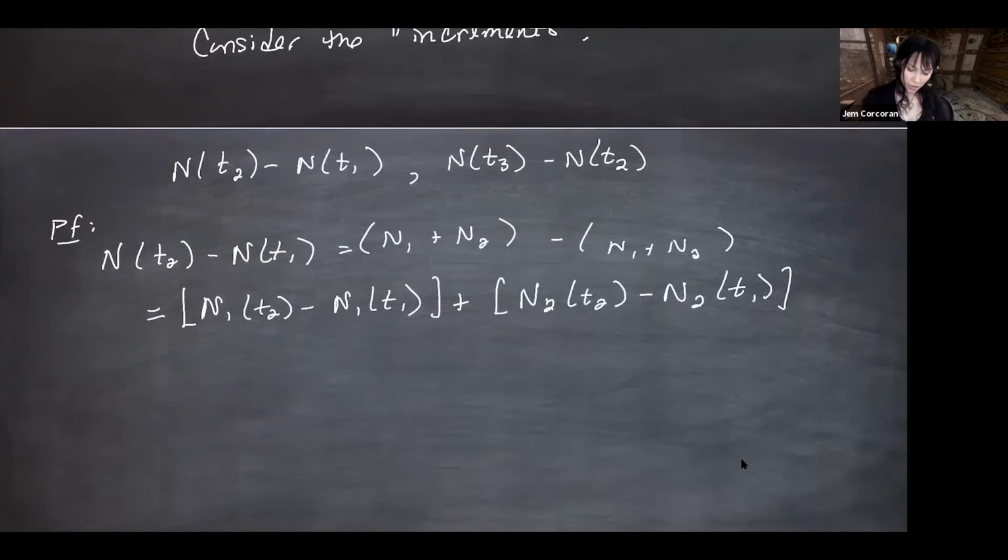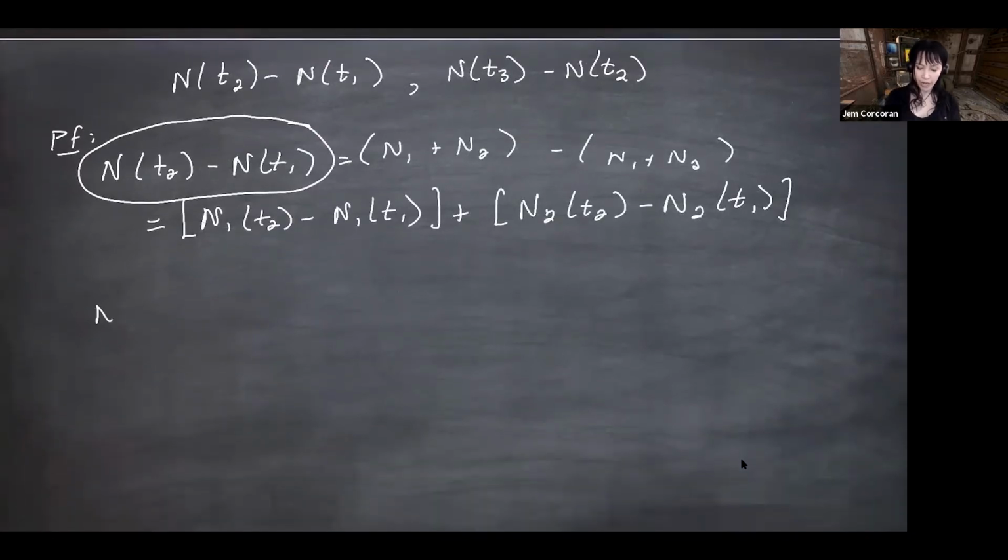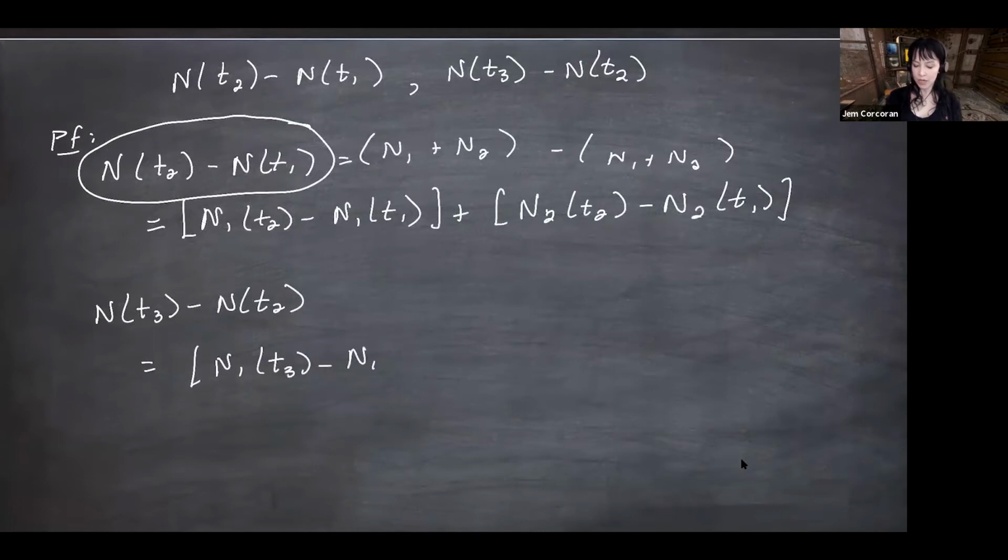So that is one increment of our new process. And if we look at the other one, N of T3 minus N of T2, then we can write this as N1 of T3 minus N1 of T2 plus N2 of T3 minus N2 of T2.